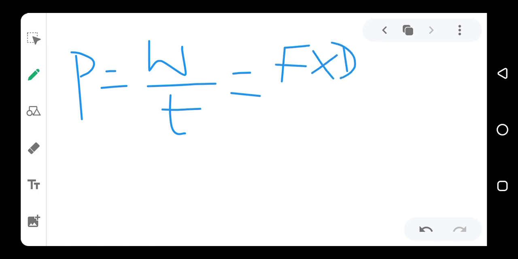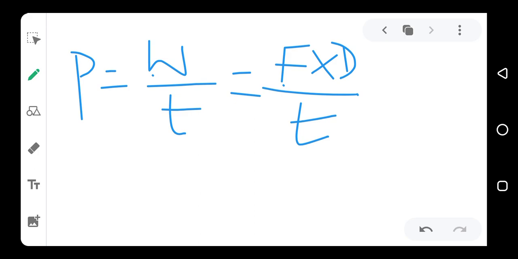So we can use this force times distance to replace W here, and then we divide by time. There is a case that we may not be given the work directly, but they will just give us the force and distance. So if they give us force and distance, we have to use them to calculate the work and then divide it by time to get the power.